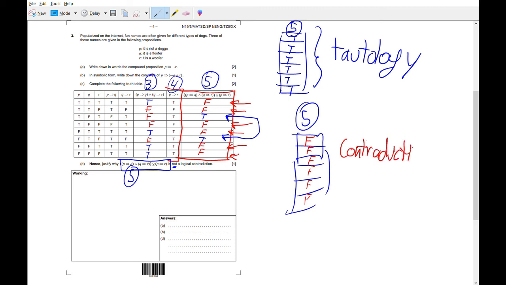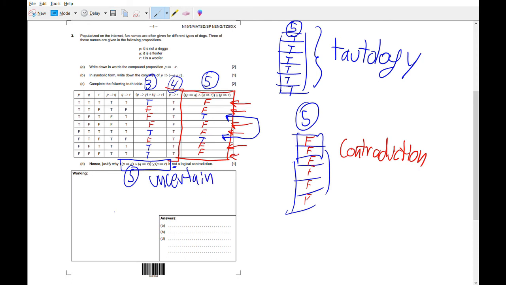Because the statement contradicts itself because it's all false. However, this is not a logical contradiction because in between the statement, some of them are true, okay? So for this one, you would have to call it something else. You would call it something like uncertain, perhaps, okay?